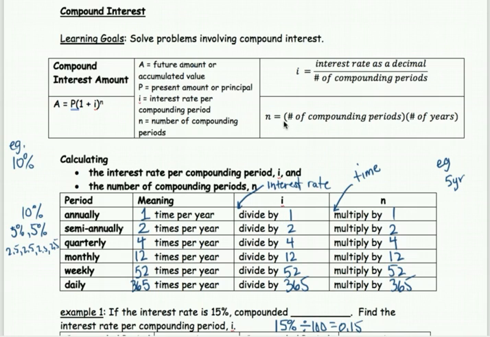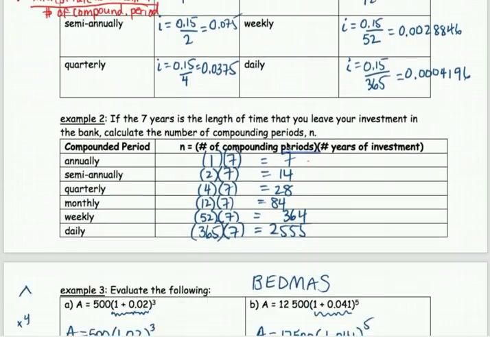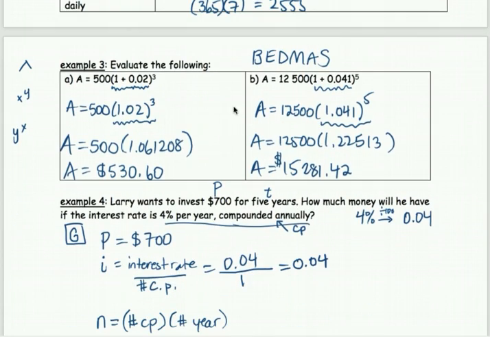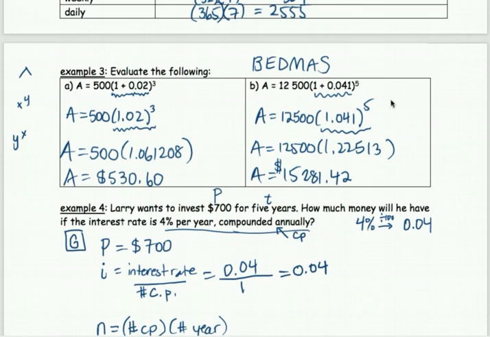So you need to calculate that as well. From there, the rest is just plugging it all in and following BEDMAS. Do the brackets first, do the exponents next, then multiply this number out. Then you're good to go, and just make sure to write a final statement. All right, so go practice some questions and then try the checkpoint.